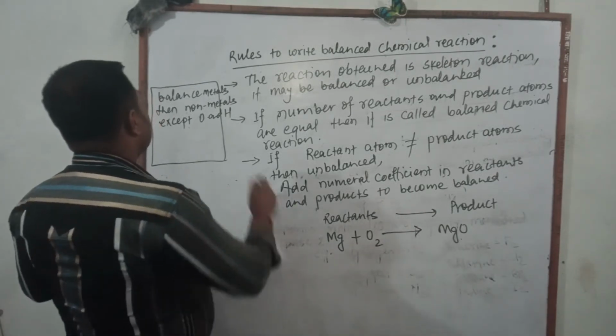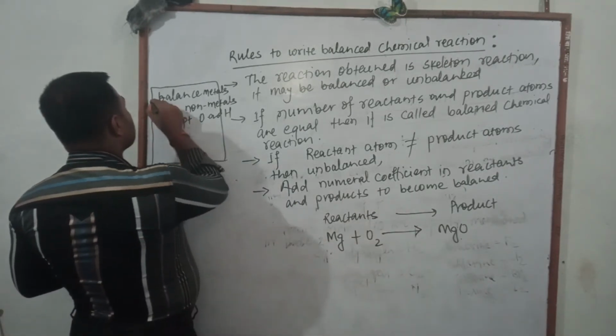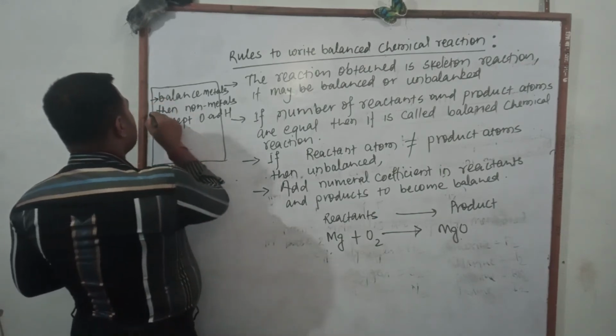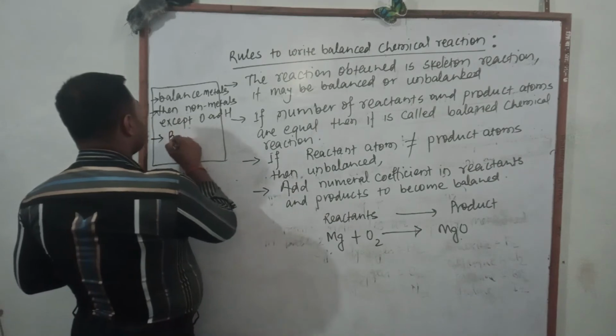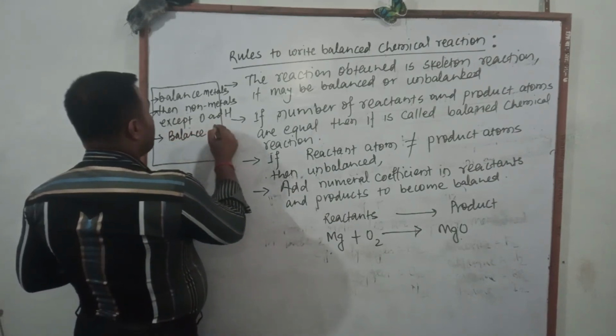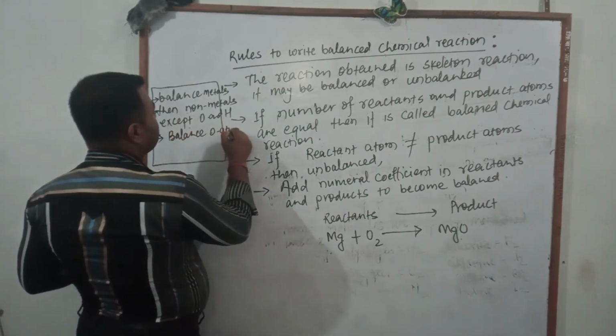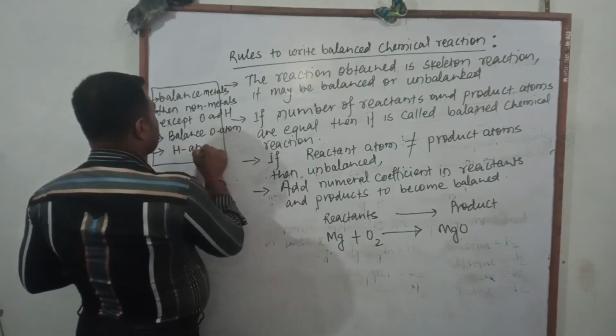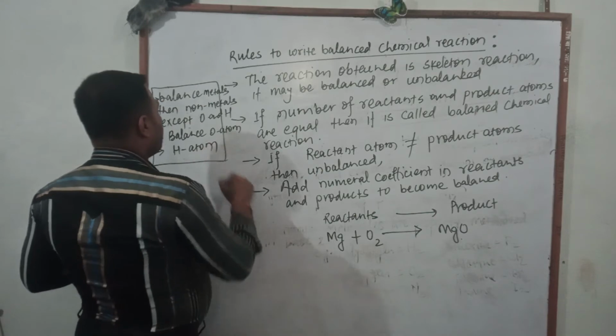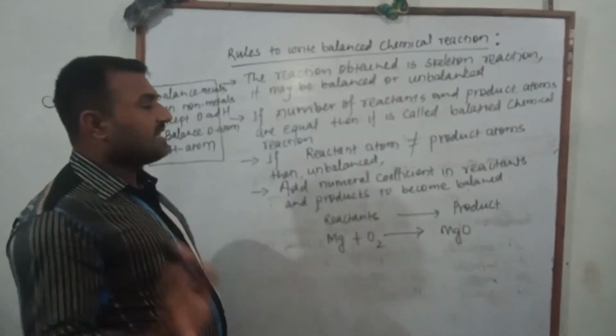So the first step is balance metals, then non-metals, and in the third step balance oxygen atoms. Lastly, hydrogen atoms, or hydrogen and oxygen can be balanced at the same time also.